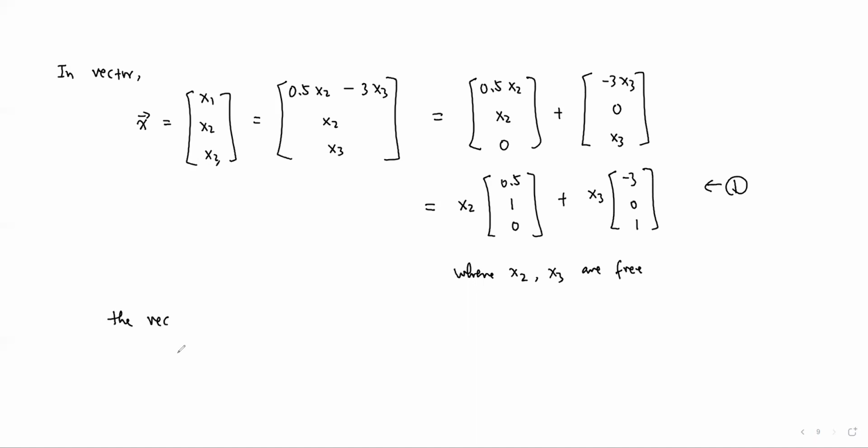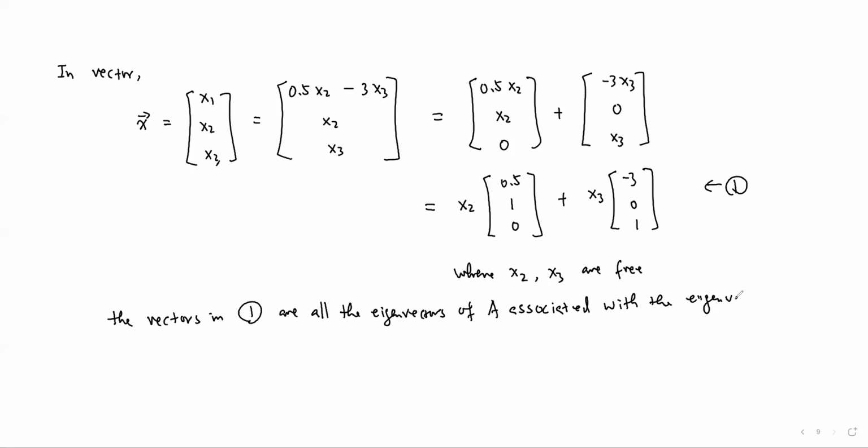There are infinitely many vectors. The vectors in equation 1 are all the eigenvectors of matrix A associated with the eigenvalue 2.